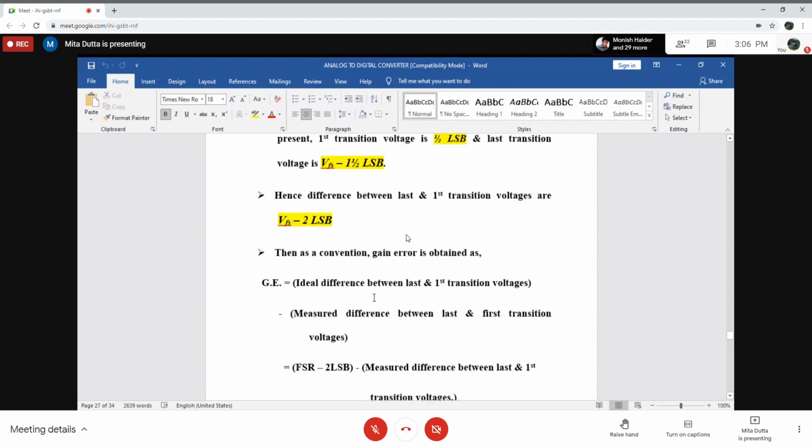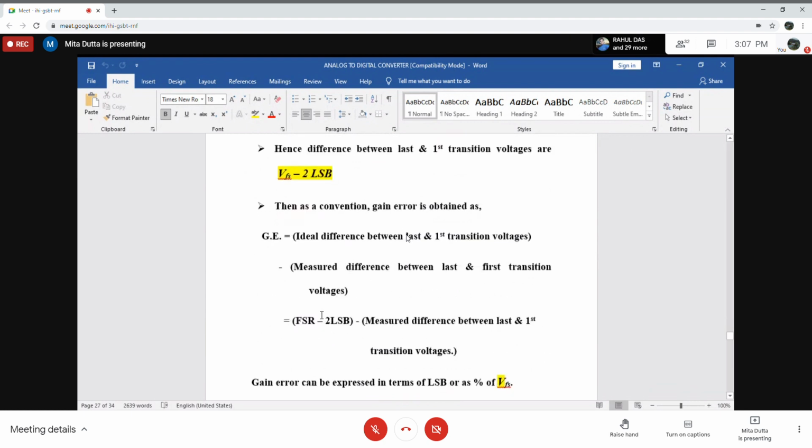But in case of an actual ADC, how could we find the gain error? It is the ideal difference between last and first transition minus the measured difference between last and first transition voltage. That is, VFS minus twice LSB minus the measured difference between last and first transition voltages.